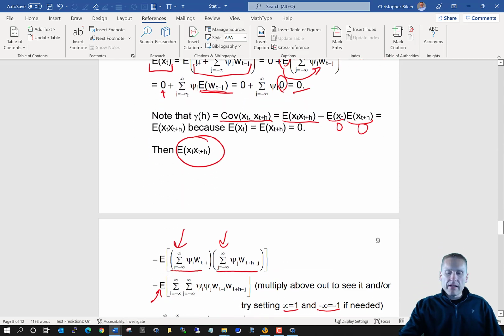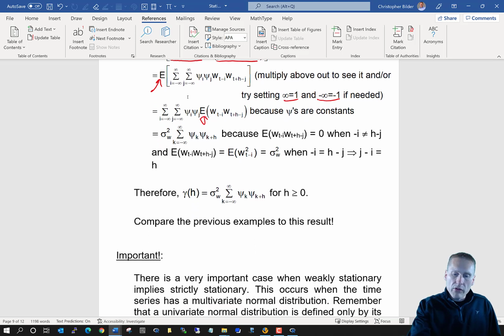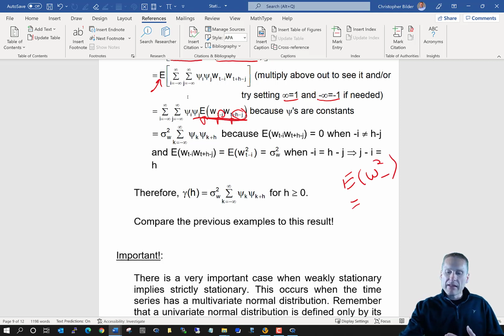So if I come down here now, what one could do is look at, well, when are these w's going to match up? Look at the subscripts here. I have a t, I have a t, so that part matches up. But what I need is this negative i and this h minus j to match up. When I have that, then I will have an expected value of some w at some index squared, and that's going to be equal to sigma squared w.